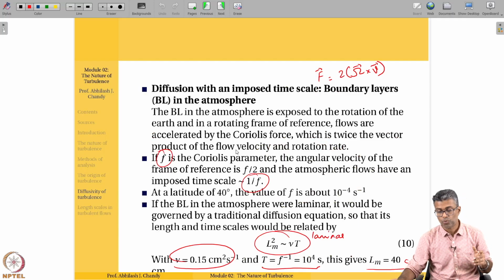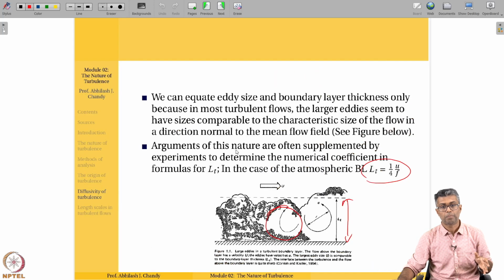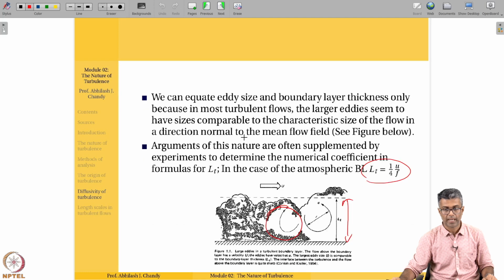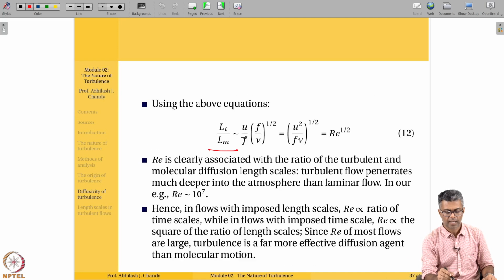So if I go back, LM squared is nu times T. If I use that, and put it in here, I have LM is equal to the square root of nu times T, and LT is equal to U over F. Putting that together, again remember there can be a 1/4 in there, but we are just doing order of magnitude.